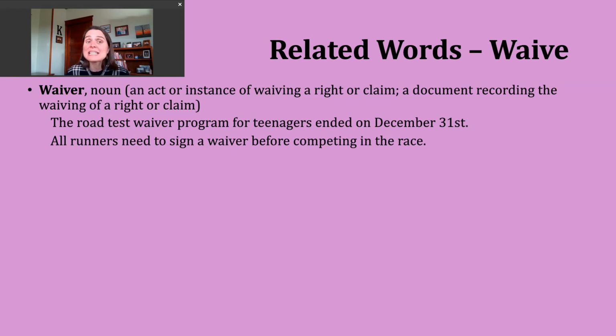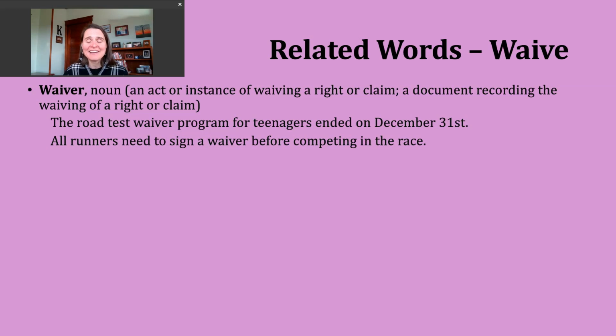A second way to use the noun waiver is to really refer to a document that explains and maybe illustrates what rights or claims are being given up or are being waived. An example of this: all runners need to sign a waiver before competing in the race.